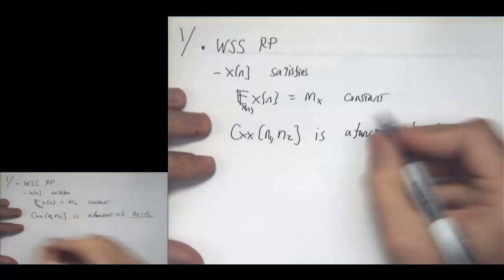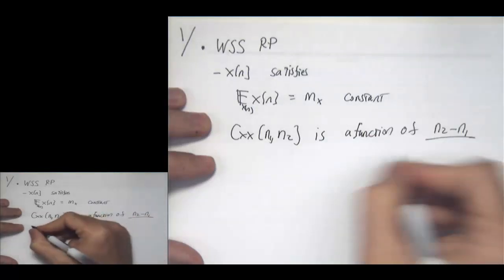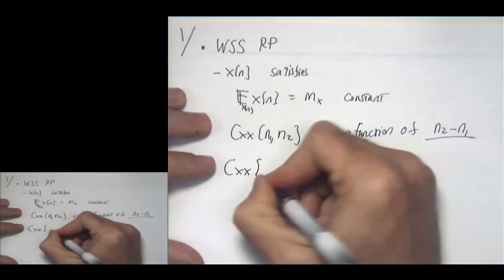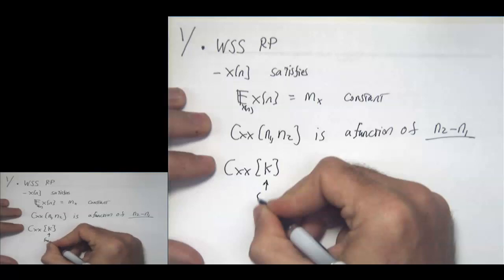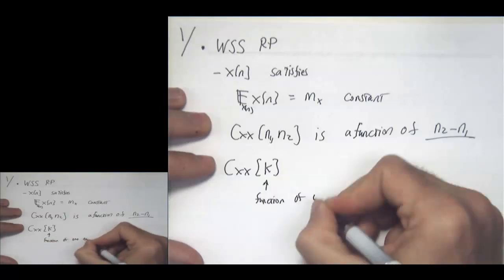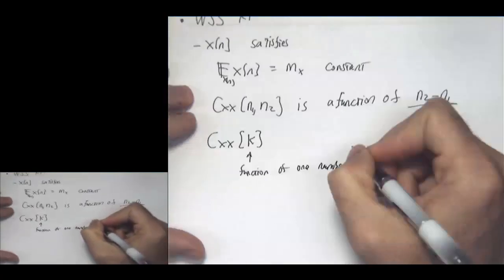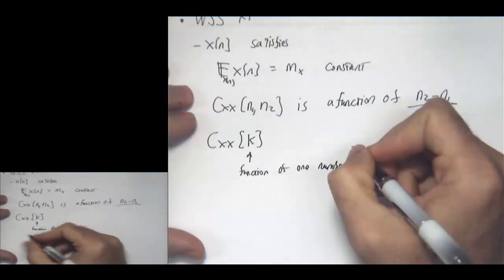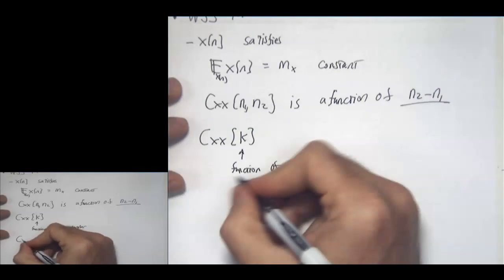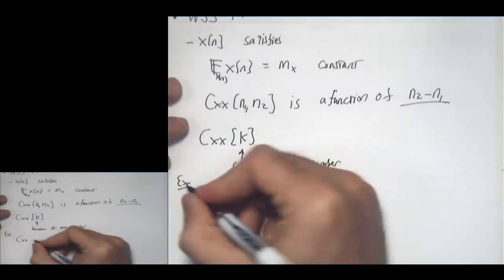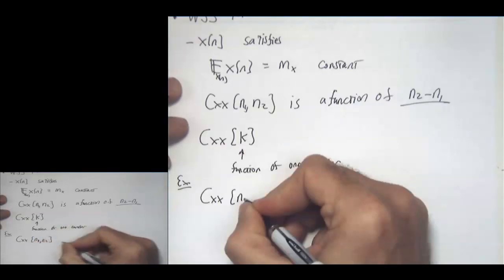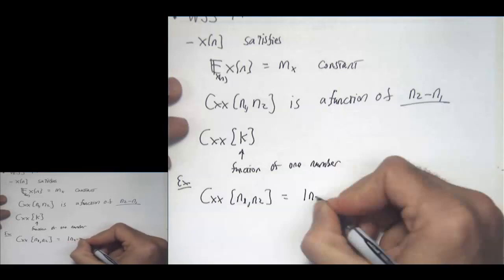What we'll see is that wide-sense stationary random processes will have a correlation function that is a function of only one number. For an example, suppose that you computed the correlation of x of n1, n2, and you found that it was equal to n2 minus n1 squared, let's say.